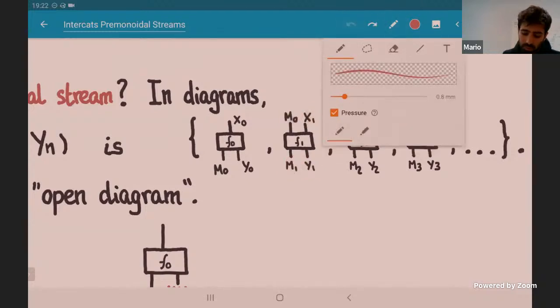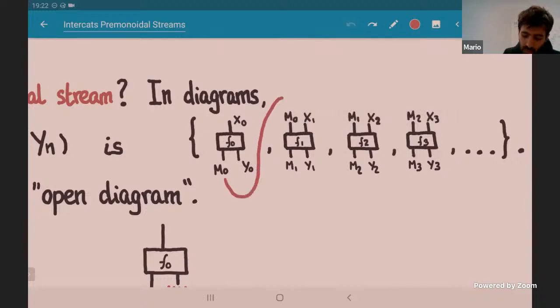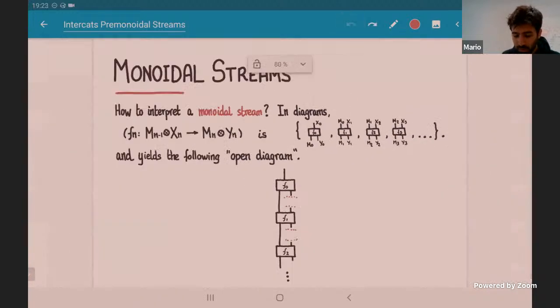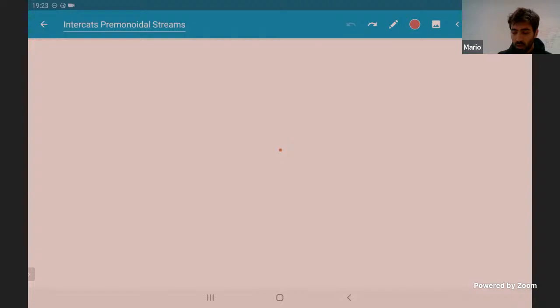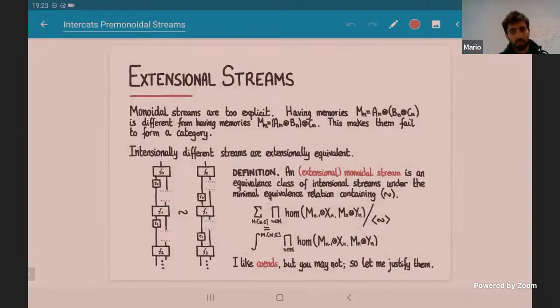And you can interpret these things as being connected. So the memory of the first step goes to the second step, the memory of the second step goes to the third step, and so on. If you put all of them together, you get the following open diagram. So we are really doing these open and repeated diagrams that I was speaking about before. Now, there is a problem with this approach.